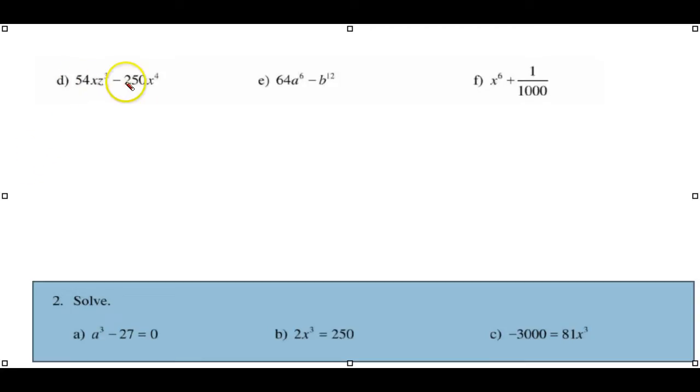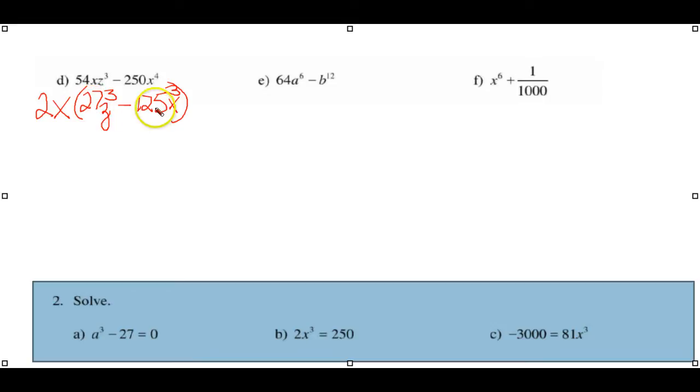As we look at this one, we have to factor out a 2x first. And then we get this: 27c to the 3rd minus 125x to the 3rd.